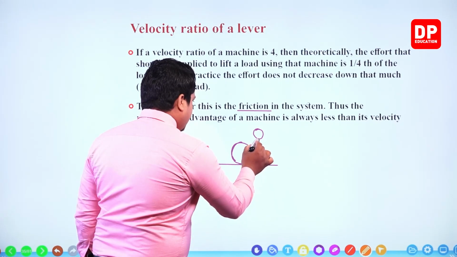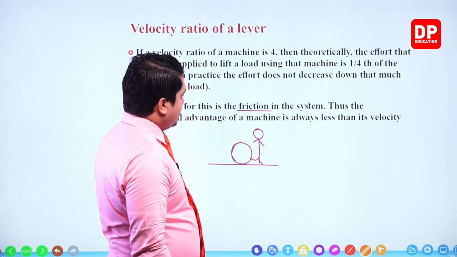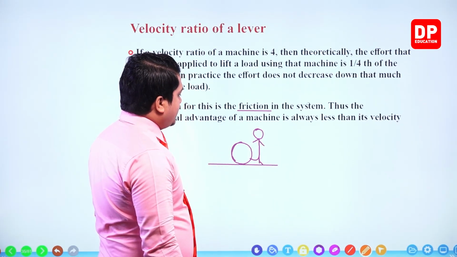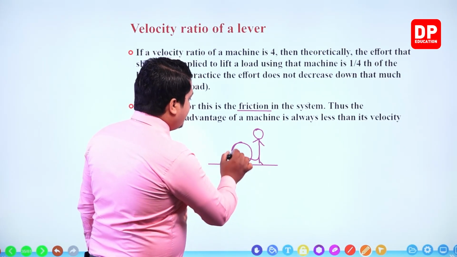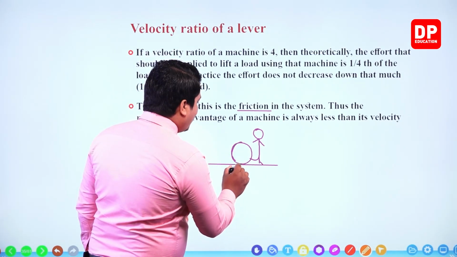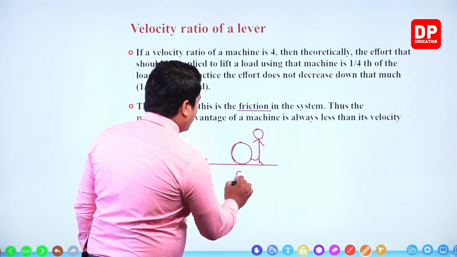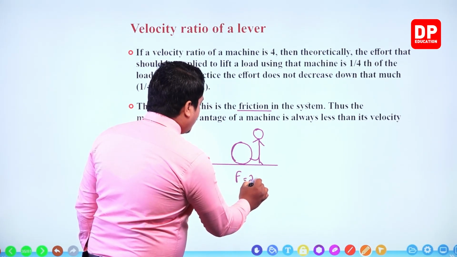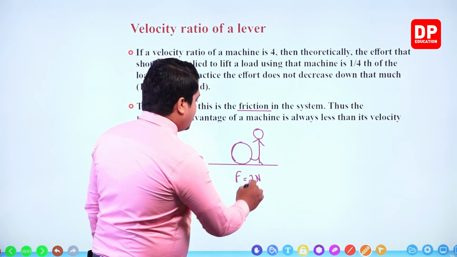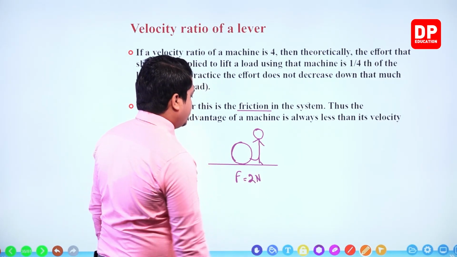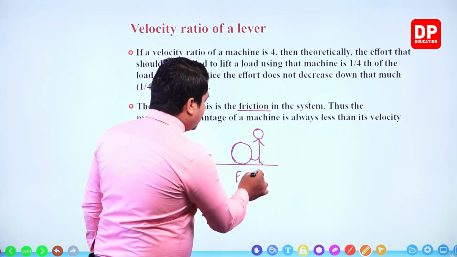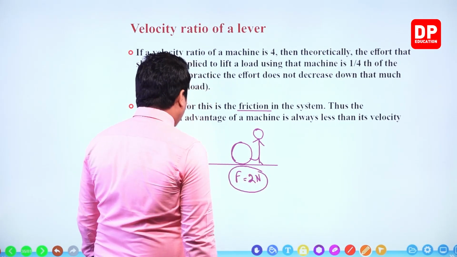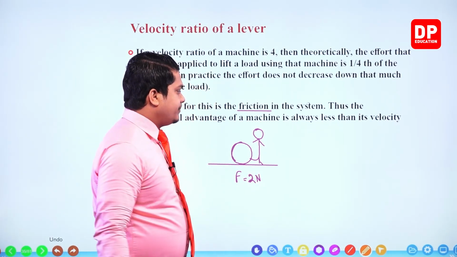Like this, a person is kicking this ball. However, between the ball and the ground, there is a frictional force of 2 Newton.